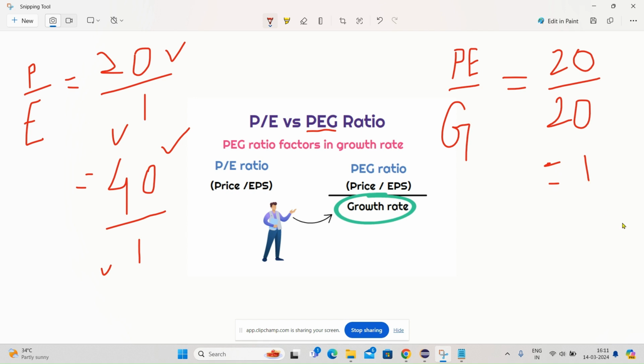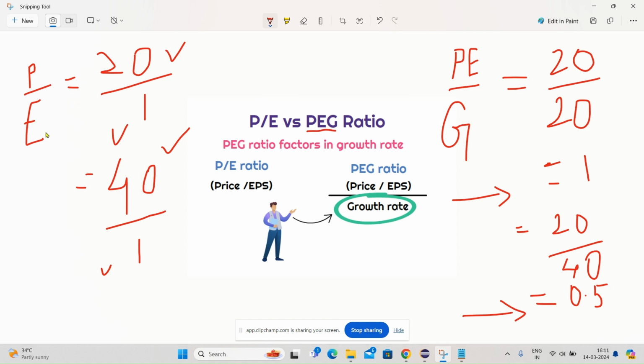Let's say the same company is having a growth of 40%, double the growth, then the PEG will be 0.5. So what it means? In order to have a higher growth rate, the PEG should be lesser.